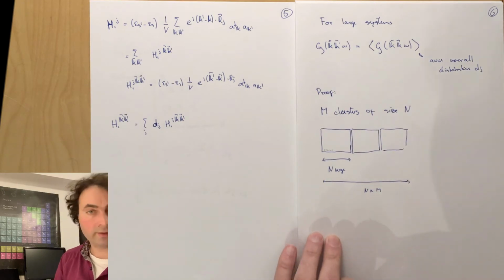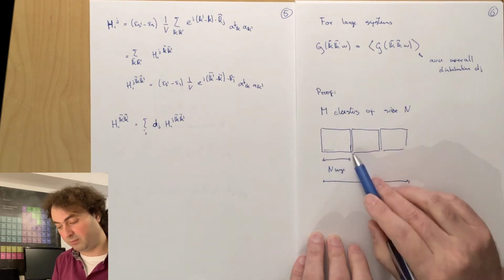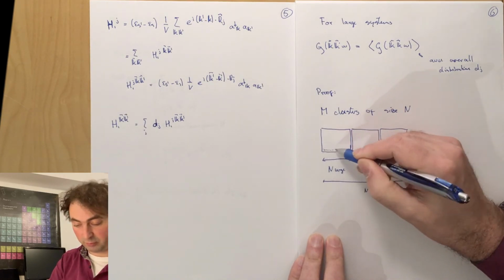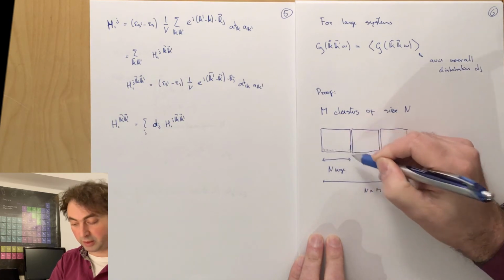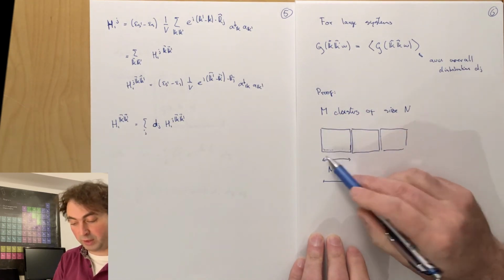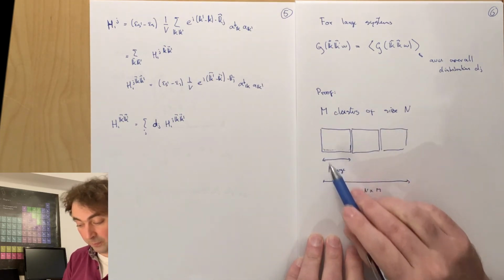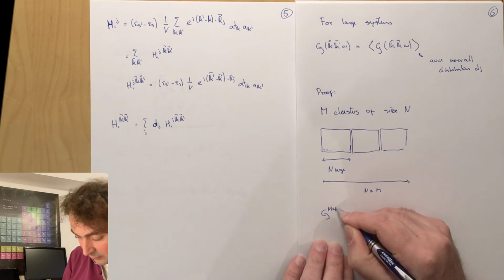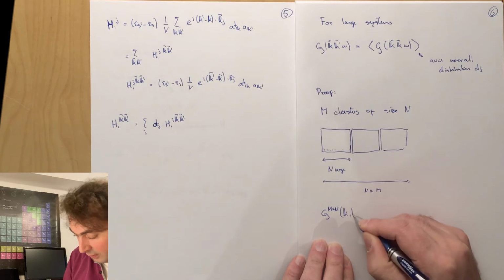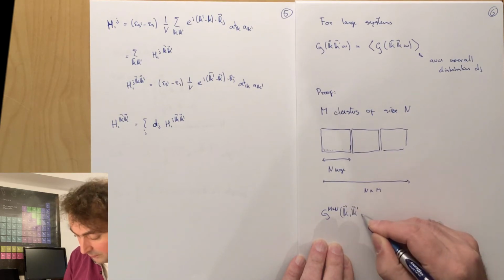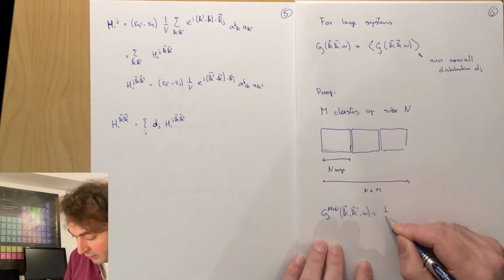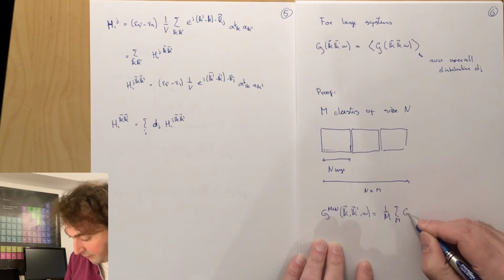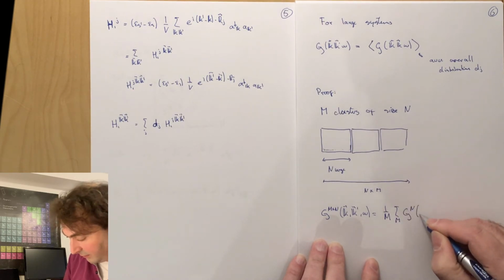If we now look at k vectors that are represented in the smaller cluster. So at gamma you have plus, plus, plus, plus, and that is okay, and then you can have plus, minus, plus, or plus, minus, plus, minus, plus, but the phase has to repeat an integer time within the smaller cluster. For those you will find that the Green's function of the larger system at wave vector k and k prime is just given as 1 over m times the sum over all clusters of the smaller size.